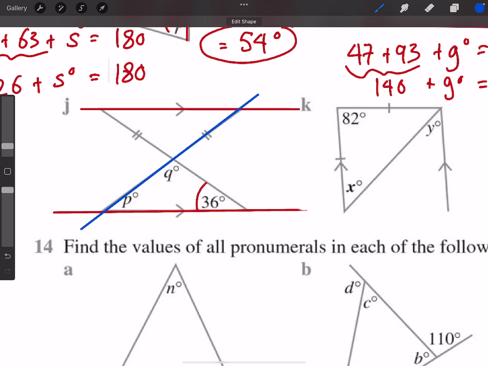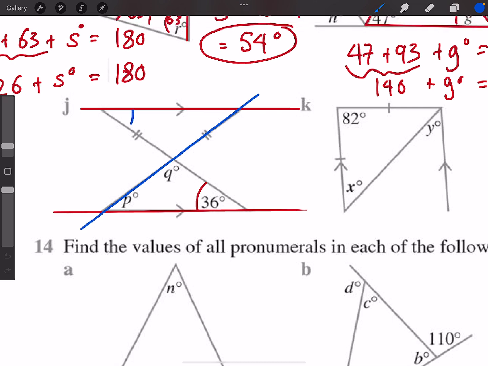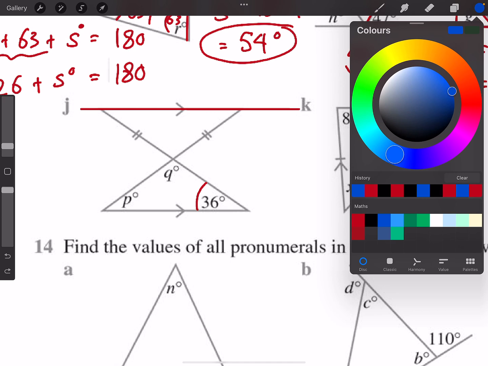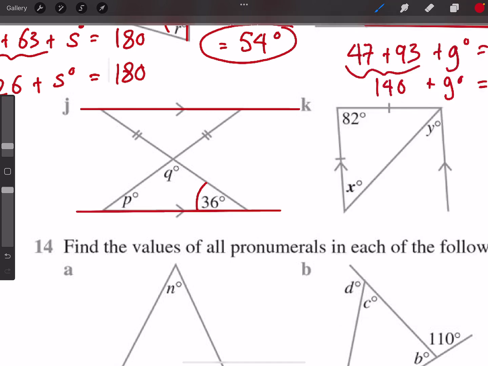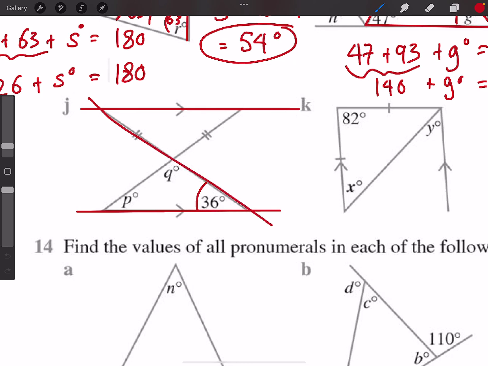We know that this angle here must equal this angle here. Oh wait, no. Whoops, I used the wrong transversal line. Sorry, let me try again. Let me use this transversal line.